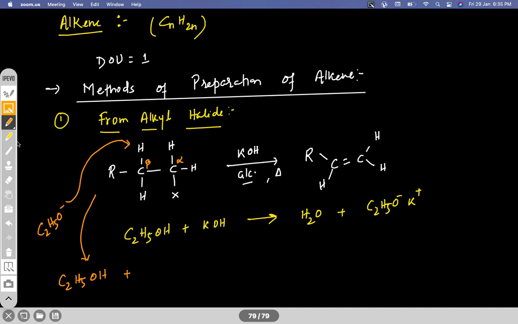Then this sigma bond comes here, makes a pi bond, and the halogen atom goes out as a leaving group. So we get RCH=CH2. This X minus combines with K plus and forms KX. This is the product we get.